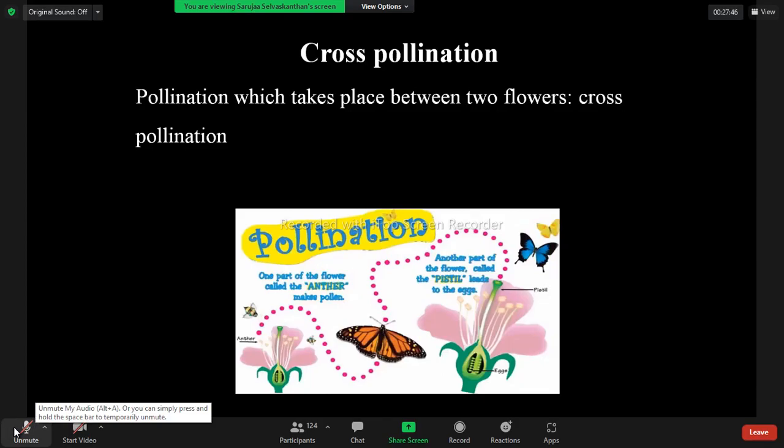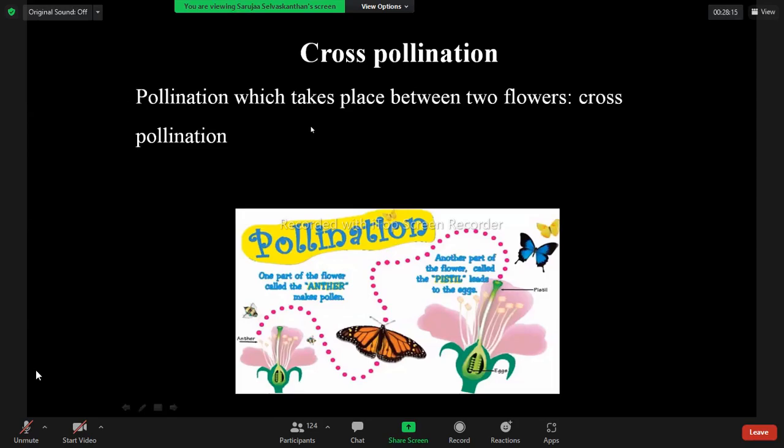Insects, bees, insects, wind, yes, right? So what is cross-pollination? Pollen of the flower is deposited on the flower of the same species, another flower.